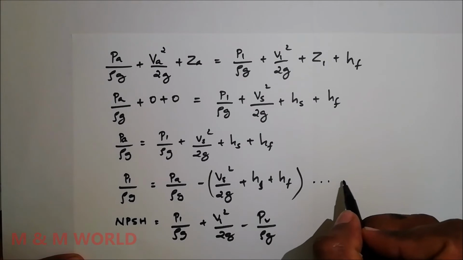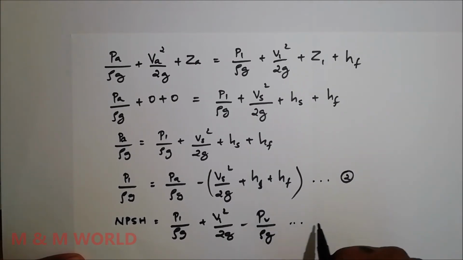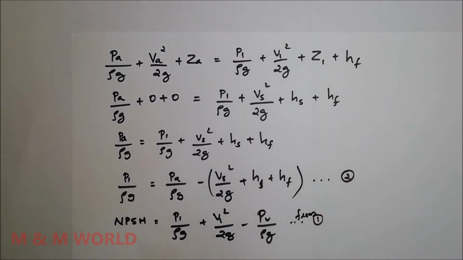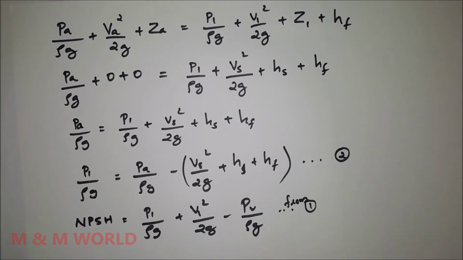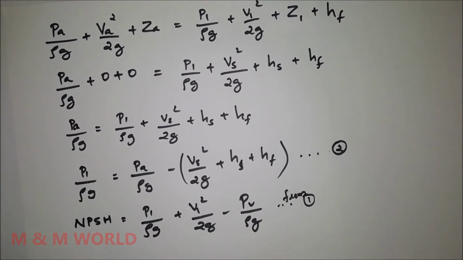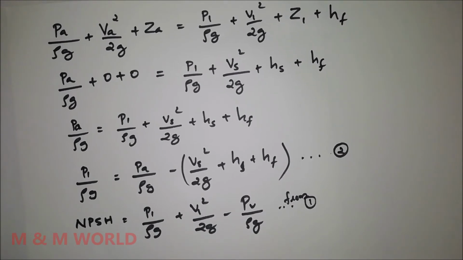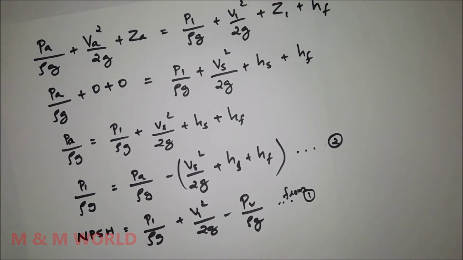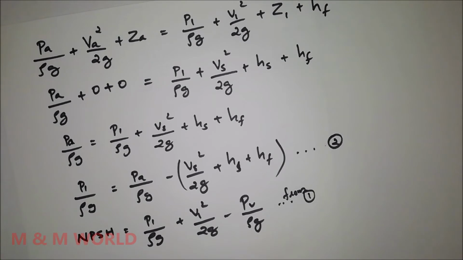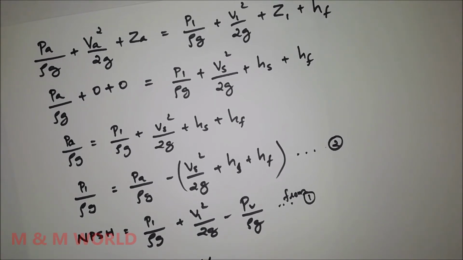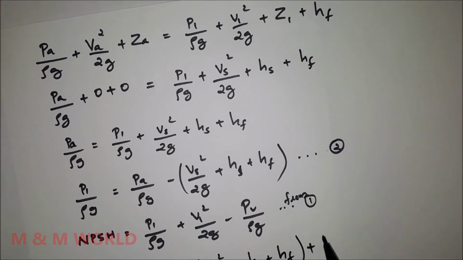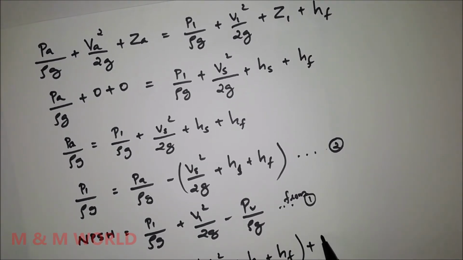Now substituting this value in equation number 1, we will get NPSH is equal to Pa by rho g minus Vs square by 2g minus Hs minus Hf plus V1 square by 2g.